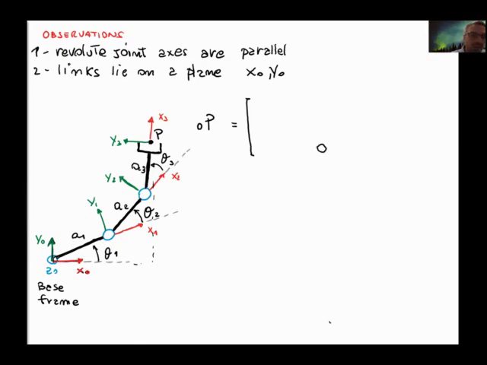And then about the x coordinate, we need to consider this segment.